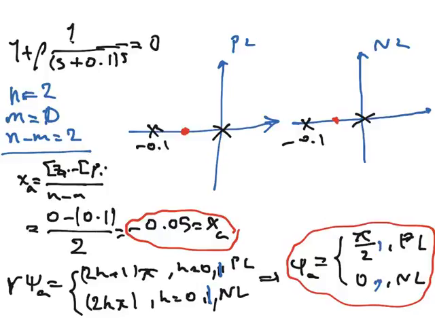For the positive locus, h equal to 0 gives pi over 2, and h equal to 1 gives 3 pi over 2. And for the negative locus, we will have 0, and replacing h with 1, we will have 2 pi over 2, which is pi.